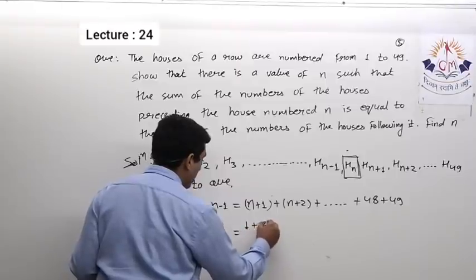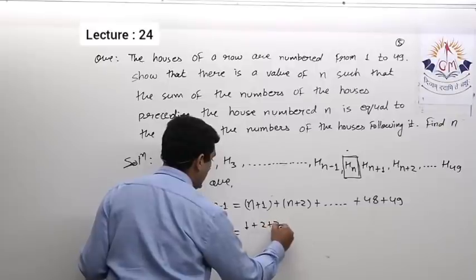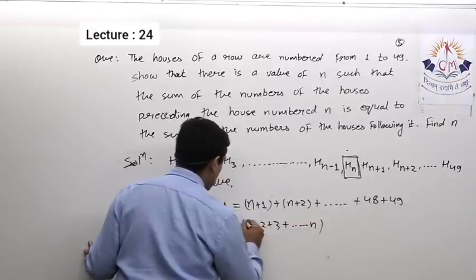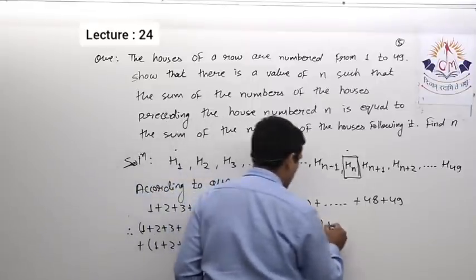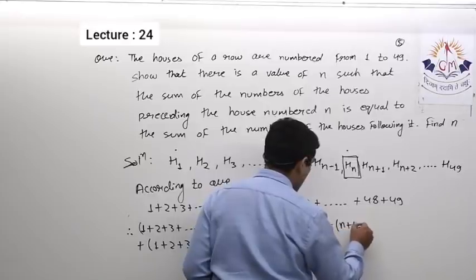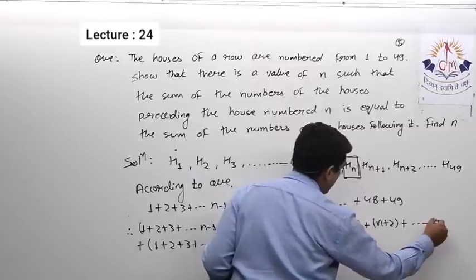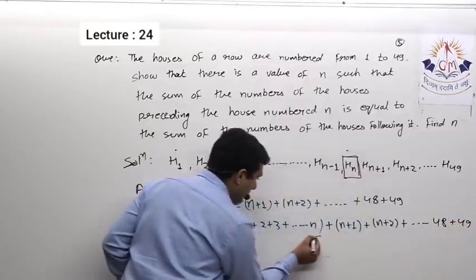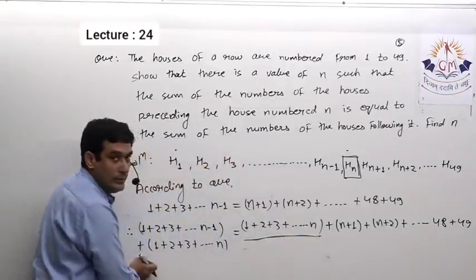I am adding 1 plus 2 plus 3 plus up to n on the right hand side also. Okay, n plus 1, then n plus 2 up to 48 plus 49. Okay, what I did, I added this much, 1 to n on the right hand side, 1 to n on the left hand side.